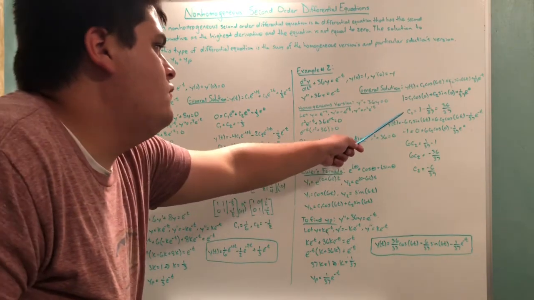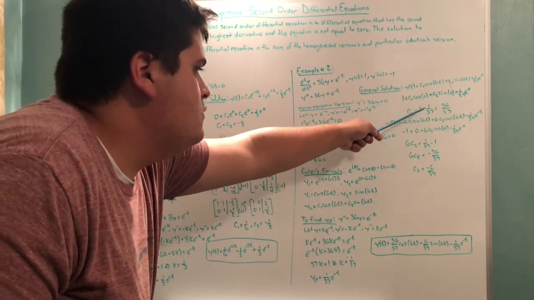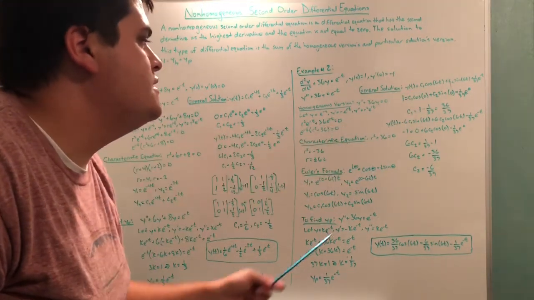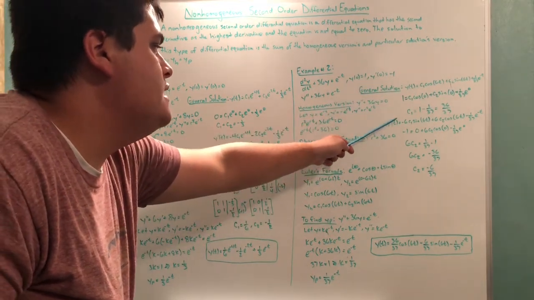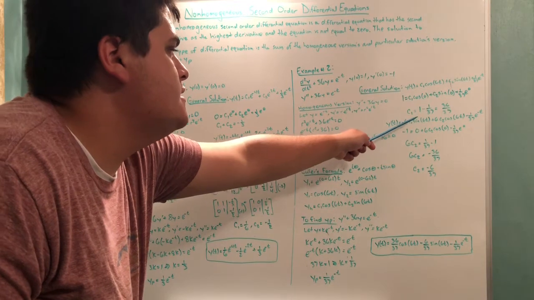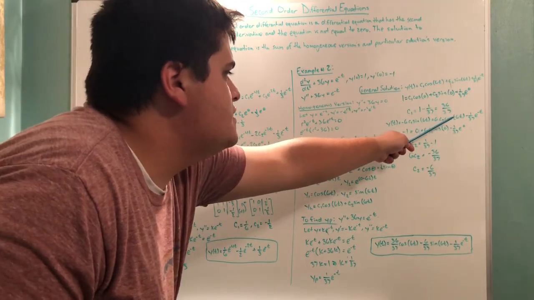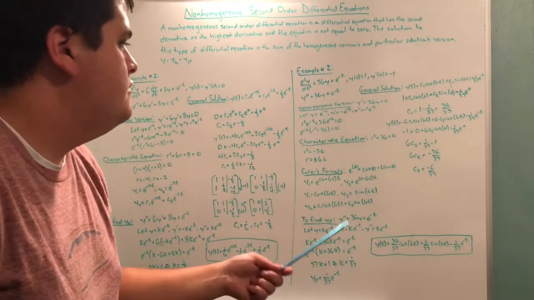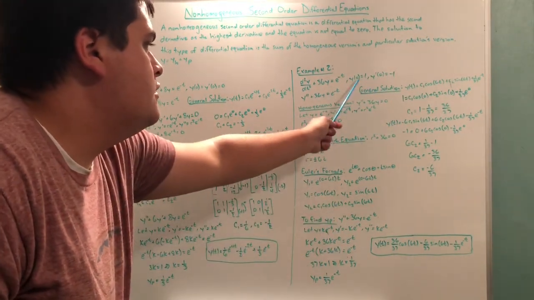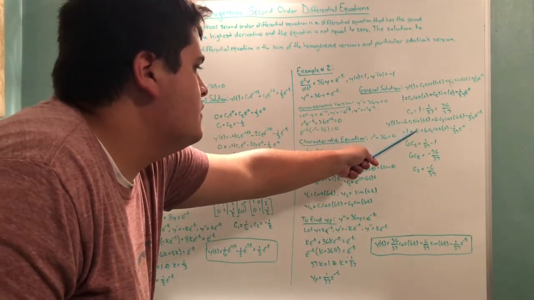So we get c1 is equal to 1 minus 1 over 37, which is equal to 36 over 37. The derivative of our general solution, y prime of t, is equal to negative 6c1 sine 6t plus 6c2 cosine 6t minus 1 over 37 e to the minus t. After plugging in our numbers, we get negative 1 is equal to 0.